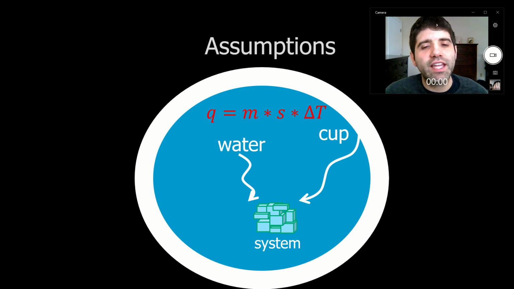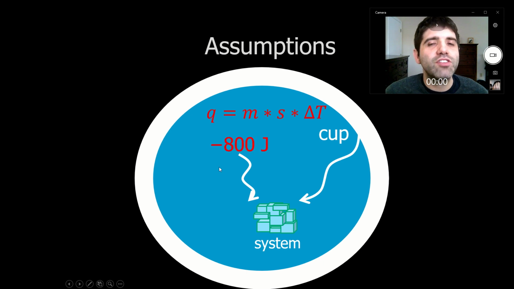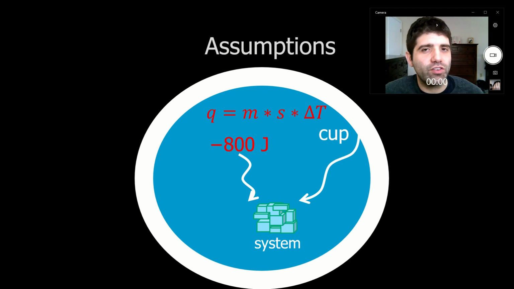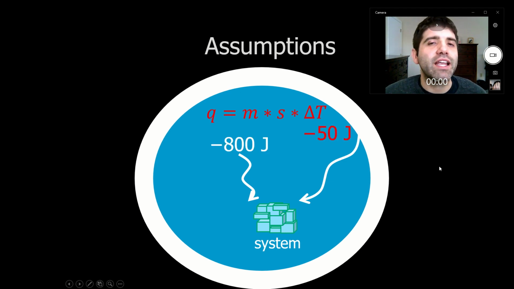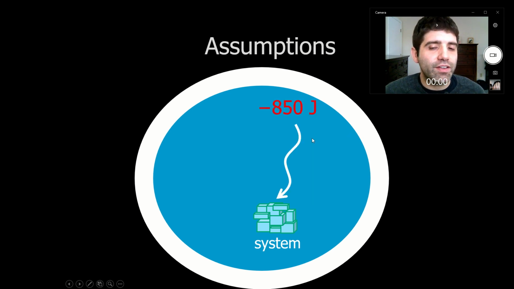So let's say you use this equation here to calculate the amount of heat that the water loses, and you get negative 800. The negative just means that it's losing the heat energy. Then you do the same thing for the cup, and let's say that the cup itself is losing negative 50 joules of heat. And because these are both what we're calling the surroundings, we can combine these numbers together. So negative 800, negative 50 is negative 850.